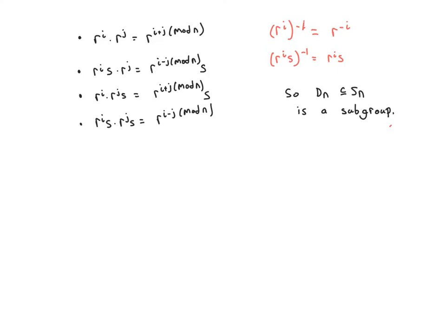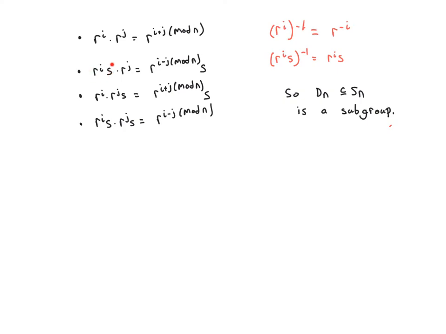So in summary, what we can see is that if you multiply 2 of these rotation permutations, it's not too hard to see that the exponents add, modulo n, of course, because the rotation has order n, so whenever you get a multiple of n up here, that's the same as the identity element.